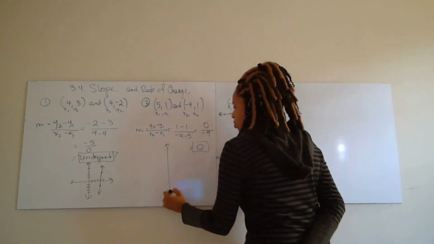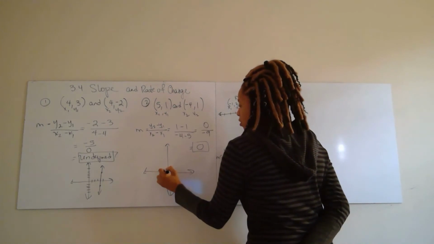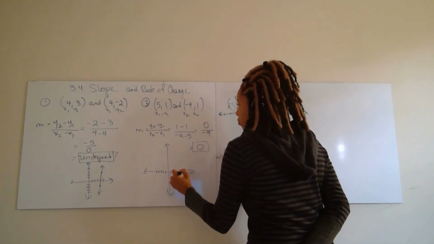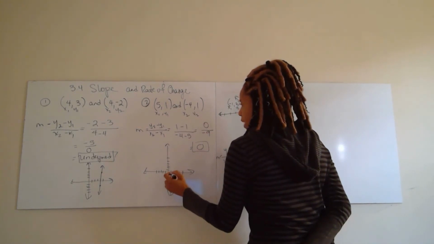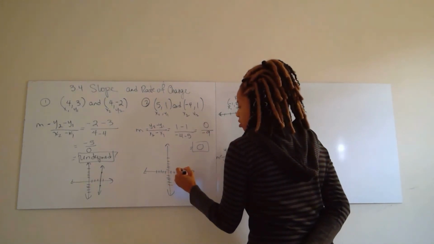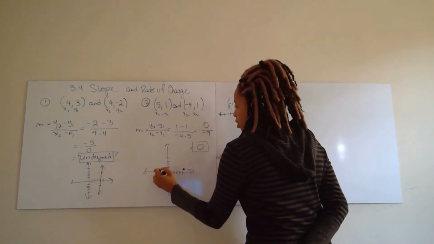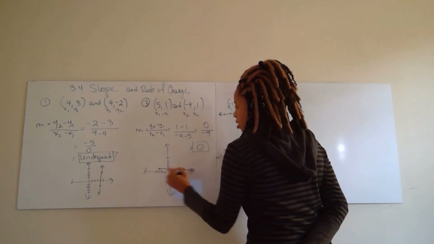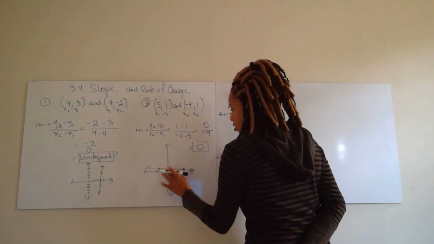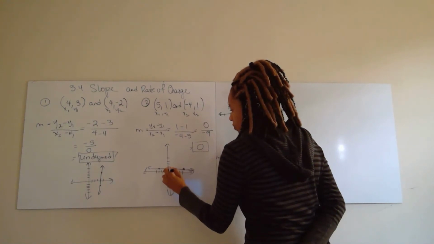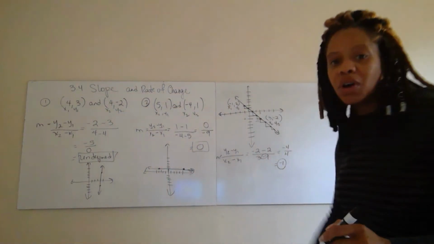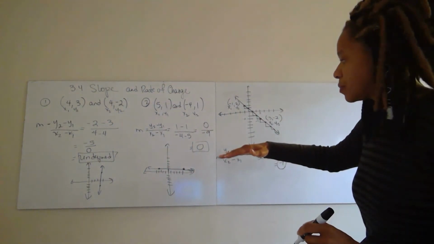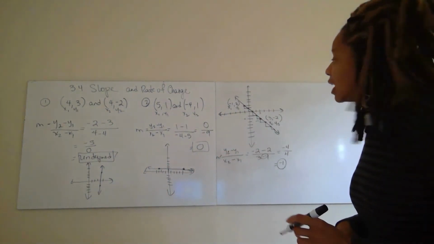Well, let's graph this one and see what happens. So 5,1 and -4,1. So what happened there? Well, we ended up with a horizontal line.